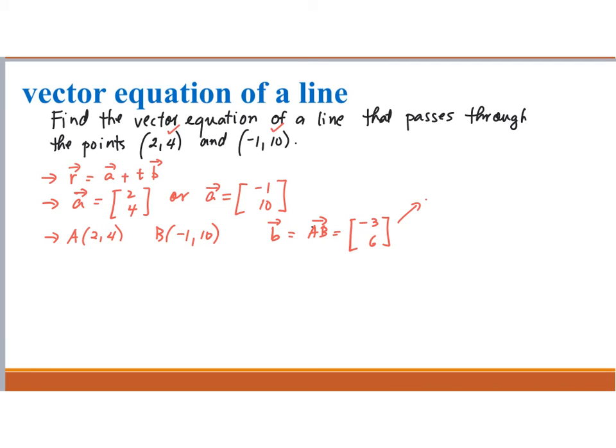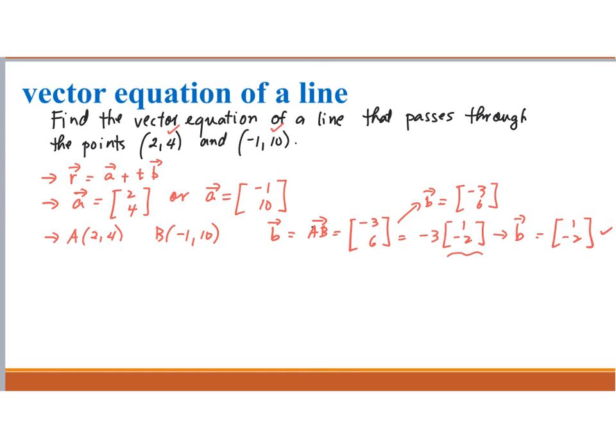So that could already be used for B. But if I simplify it and factor out negative 3, I will have 1, negative 2, and I could use this as B. That's the simpler version of negative 3, 6.